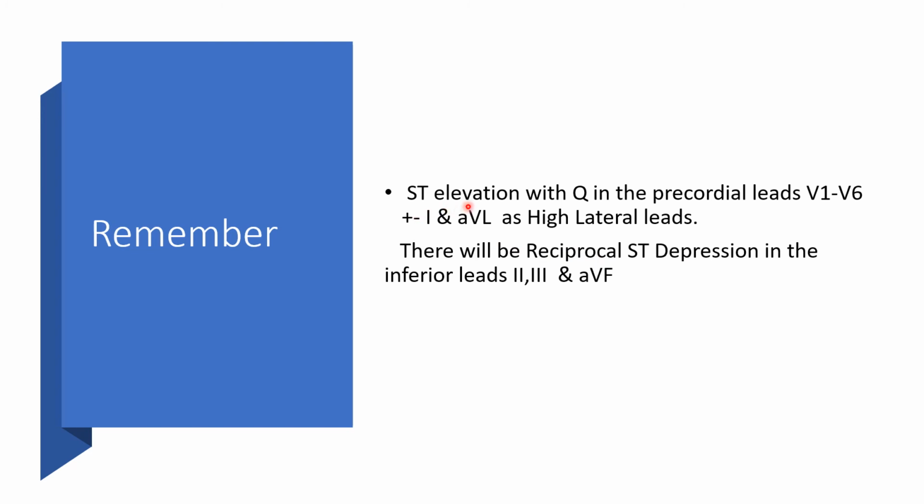Remember, ST elevation with Q in the precordial leads 1 to 6, with or without 1 and AVL, is indicating high lateral leads. There will be reciprocal ST depression in the inferior leads 2, 3, and AVF.